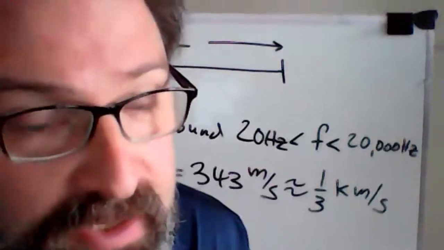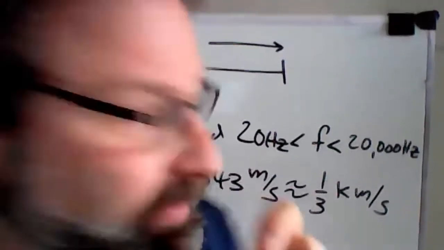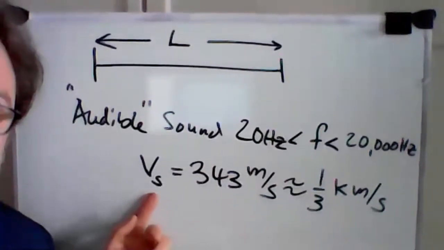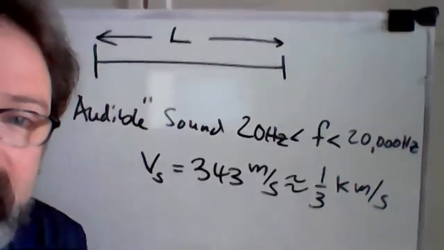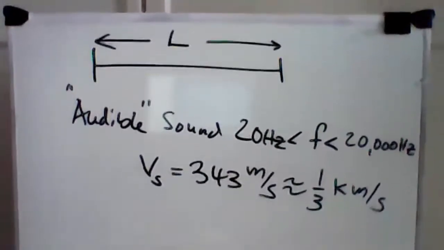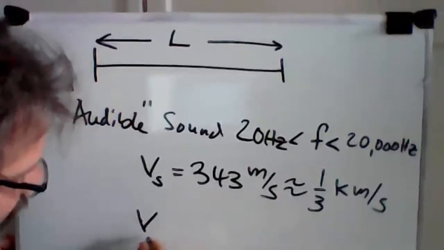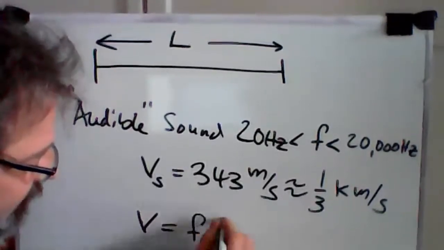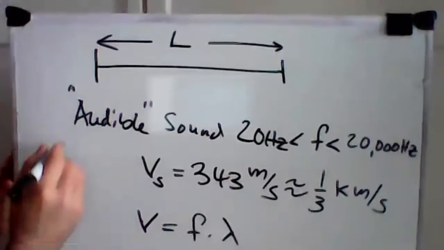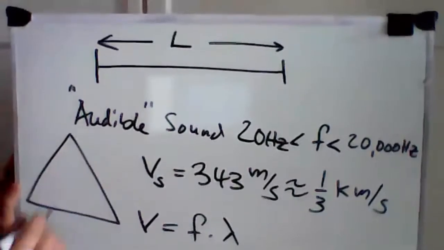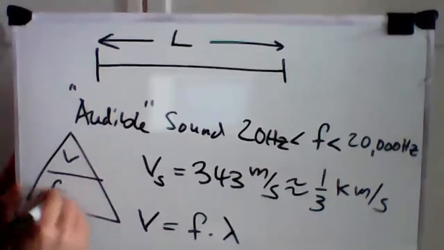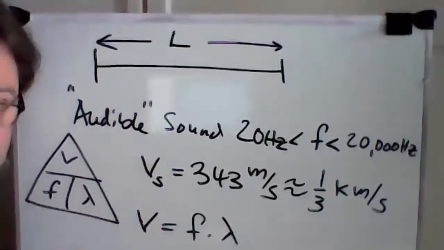Close enough. So the frequency is related to the speed of sound through an equation. We had that last time as well: v equals f times lambda, and we sometimes put that in an Idiotendreieck like this: v, f, lambda. There we go.